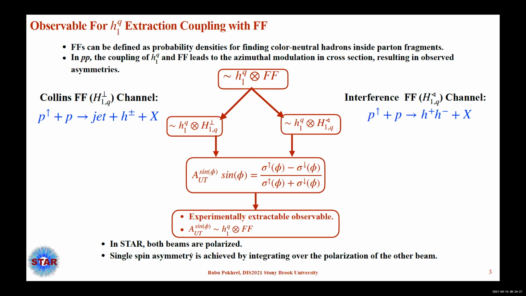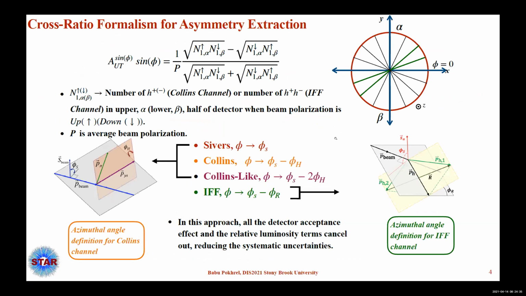In STAR, both beams are polarized, but we can obtain the single spin asymmetry by integrating over the other beam polarization. For the extraction of the single spin asymmetry, we can use the cross ratio formalism, where AUT is the asymmetry, modulated by a sinusoidal function of the azimuthal angle phi, weighted by the beam polarization.